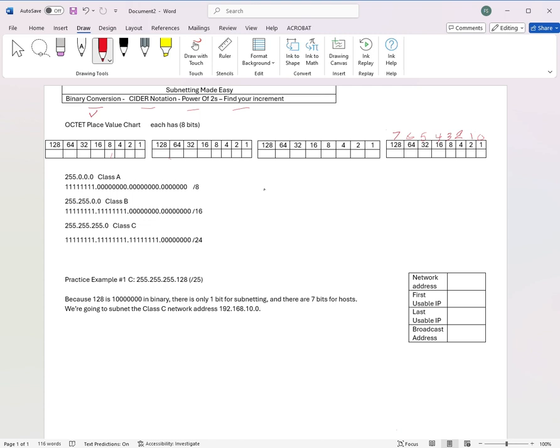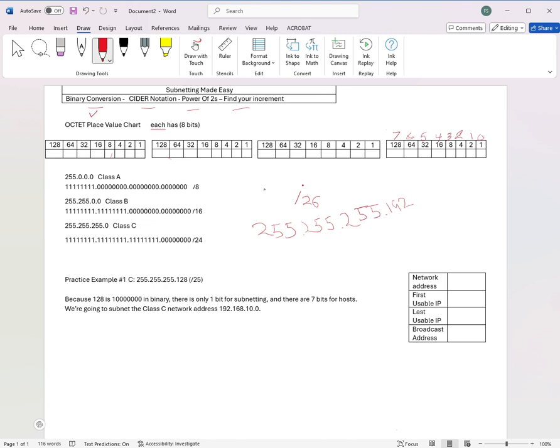For example, let's say we have a slash 26, and that would equal 255.255.255.192. How do I know that's 192?